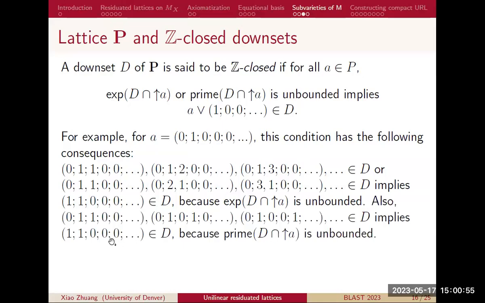Another example is that if we have the index, the prime set of this set D, it is unbounded. So there are always, remember the prime of D join the D intersect the opposite of A, just notate which finite sequence are not zero.